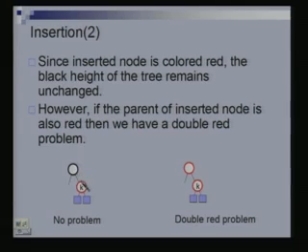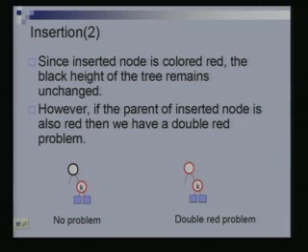So, the property that the black depth or the black height of all the external nodes should be the same continues to hold. The problem could, however, be one of what is called a double red, and that happens if the parent of this node is red, as is in the picture here. So, this is the node I created. If its parent is red, then we have a double red problem, and we have to handle this problem now. Remember that in the case of deletion, the problem was arising because the black height was changing, and all along we were trying to take care of that problem.